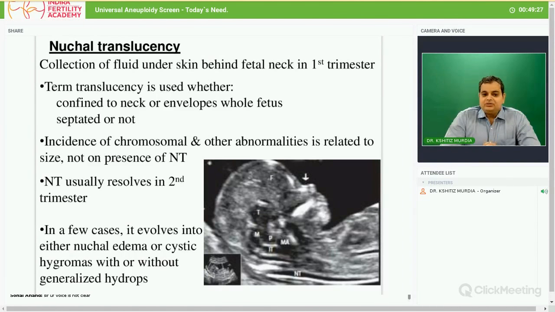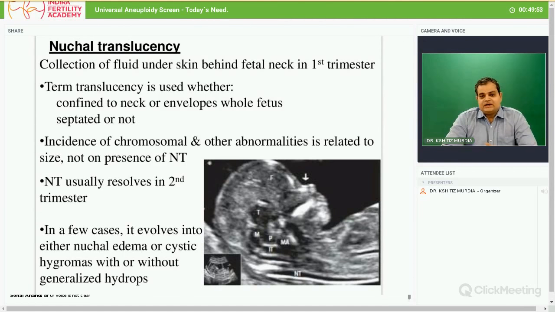The term NT you can use whether it is confined to the neck or it envelops the whole of the fetus, or whether it is septate as in the case of cystic hygroma or not. The incidence of aneuploidy or any chromosomal abnormality is related to the size of the NT, not just to the mere presence of the NT. NT in aneuploidy babies usually resolves in the second trimester.